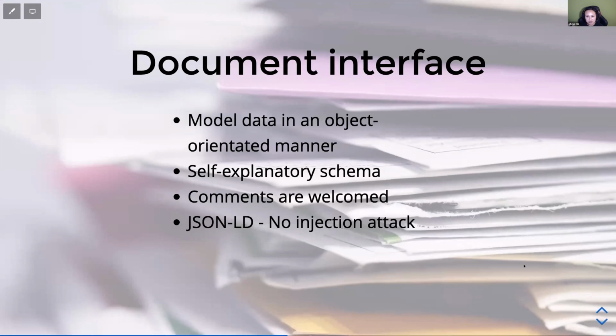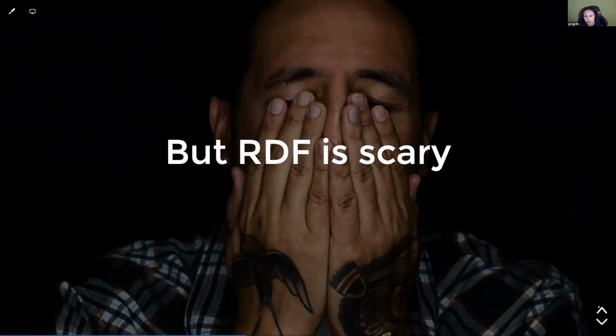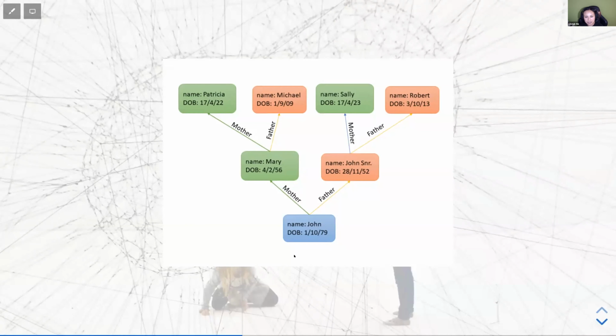So we introduced this document interface. It's a big improvement, in that we now don't have to write things in triples. For something like this, in triples, I may have to say, okay, John, you can't just say, oh, John's mother is Mary. That's already very high-level stuff.